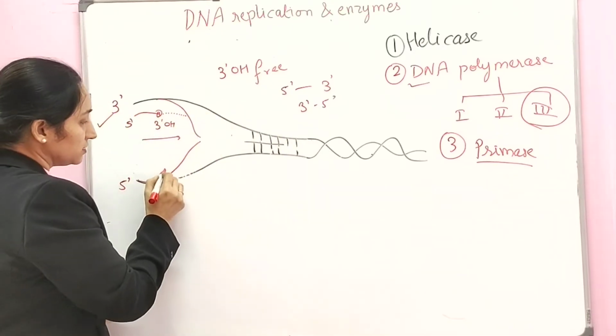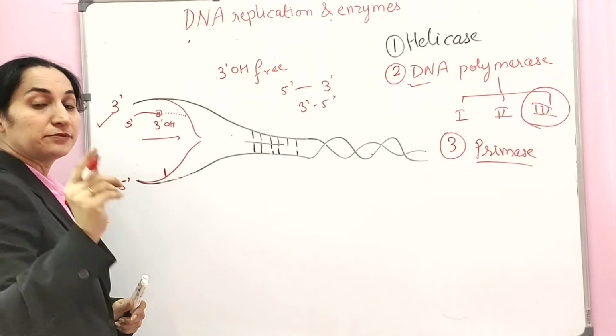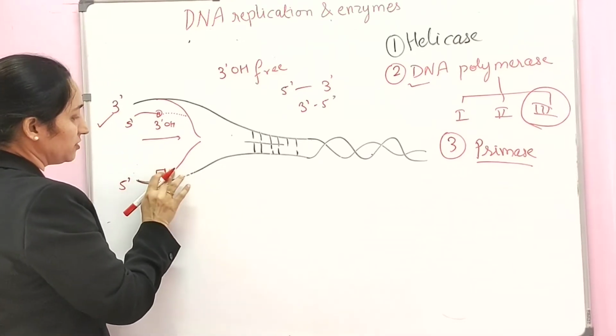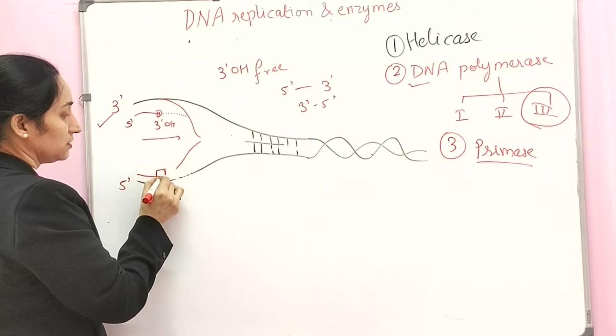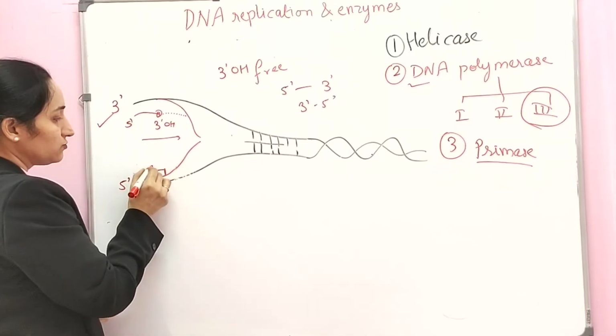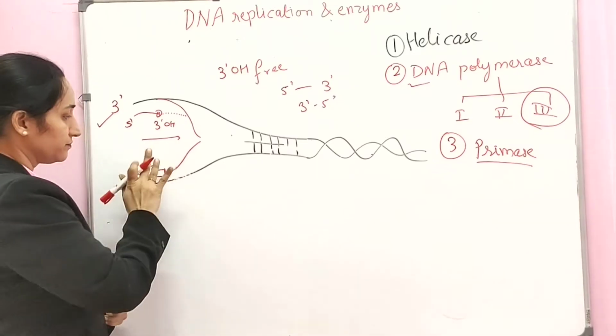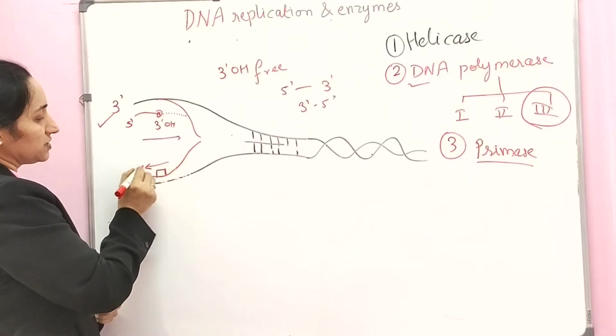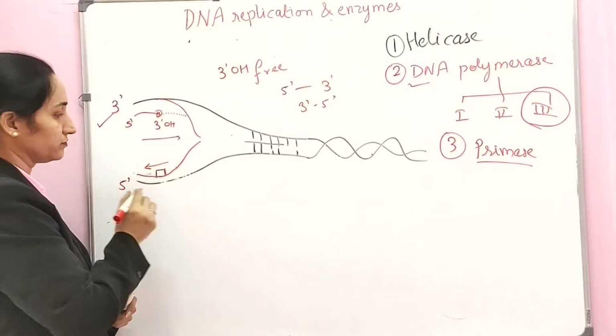But here DNA polymerase 3 needs a primer also. So in this complementary strand a primer will be added, right? When the primer is added, there will be a 3-OH end here, so the nucleotides will start being added in this direction.